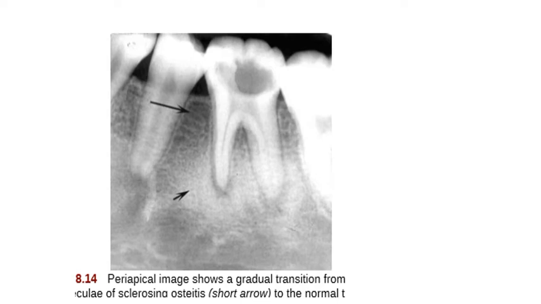So sclerosing or hardening of bone radiologically appears as increased radiopacity of the bone. Or in other words, condensing osteitis is also used to better describe the latter condition appearing on the periapical imaging.